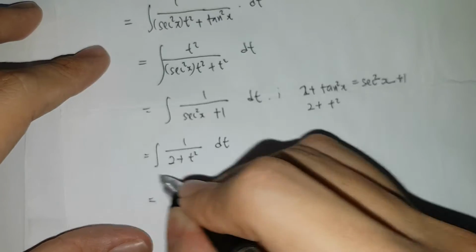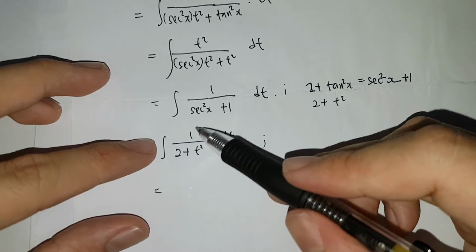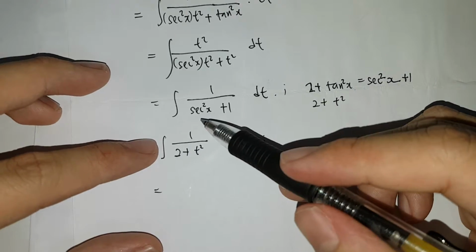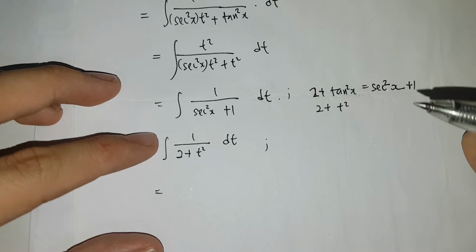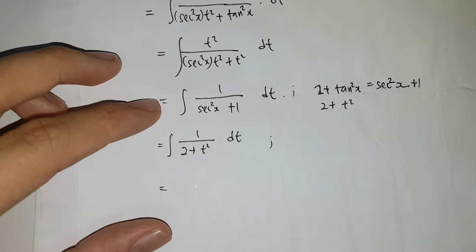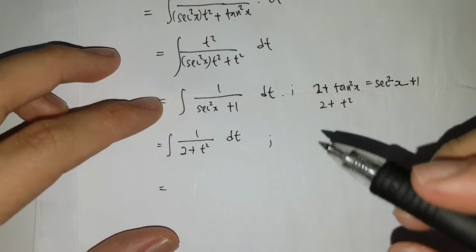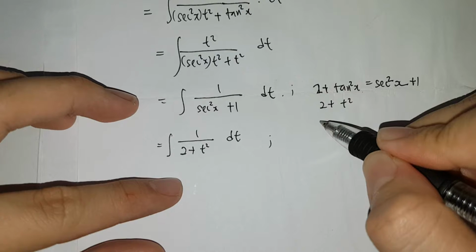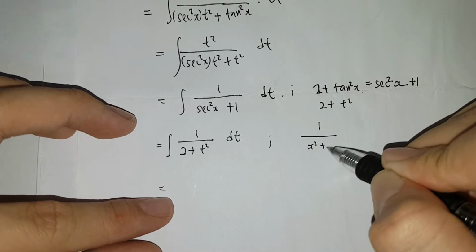Right, now to integrate this, know that this is a quadratic expression on the bottom and the top is a constant, not linear, sorry, constant. You have to refer to your MF 15, or now it is called the MF 26, right? So in your MF 26, you are given 1 over x squared plus a squared.